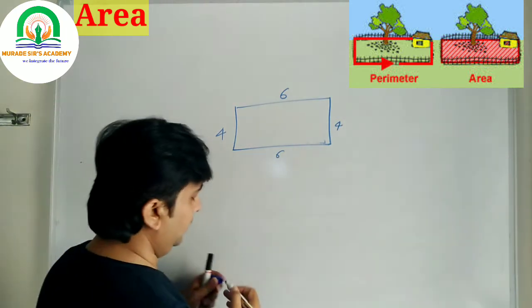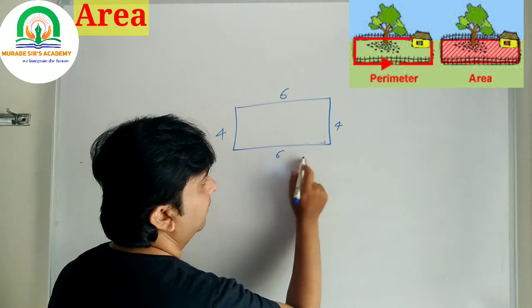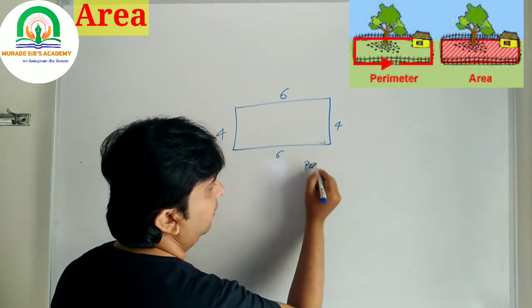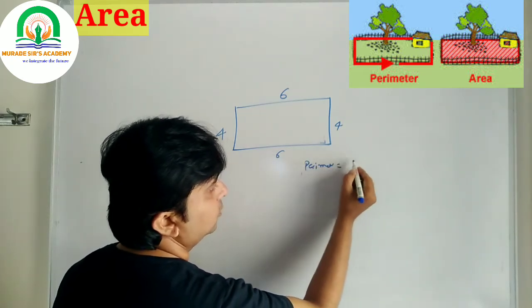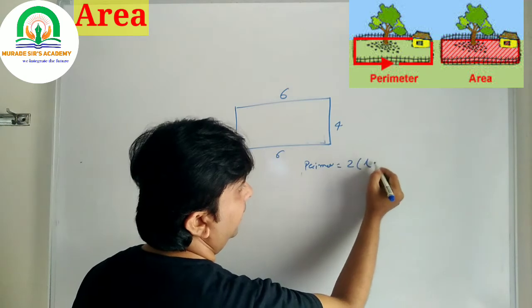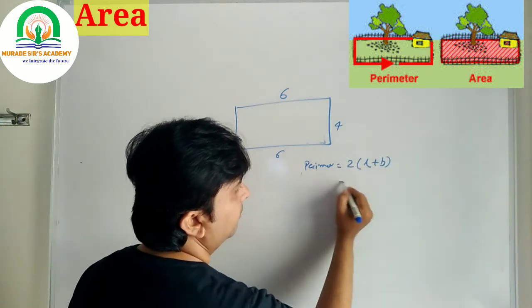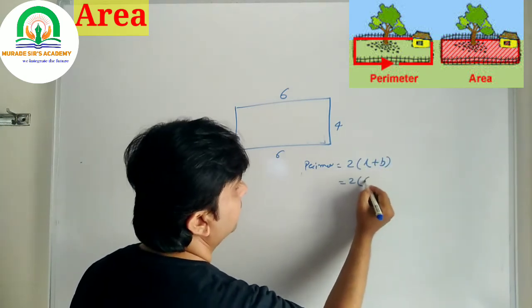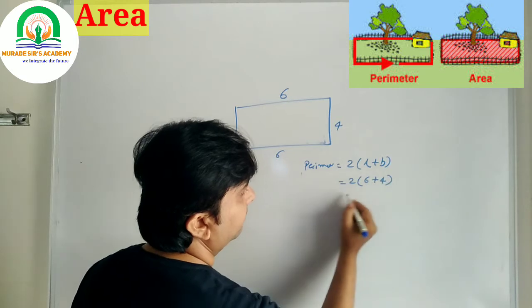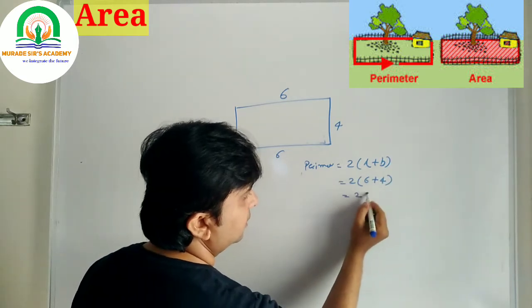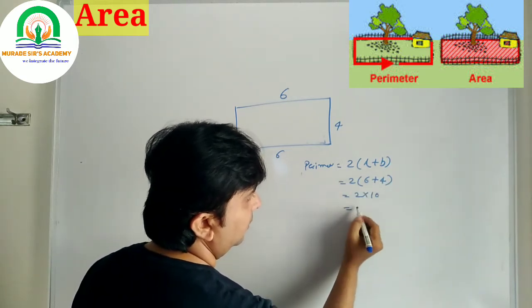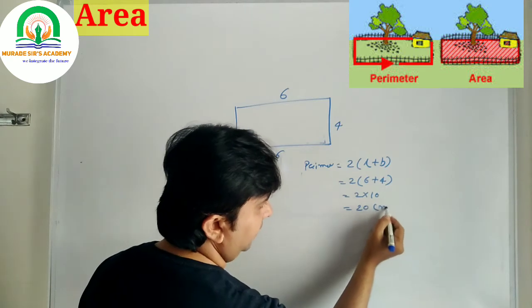This is a rectangle. Perimeter of a rectangle is equal to 2 into (length plus breadth), which is 2 into (6 plus 4), so 2 into 10, which is 20 centimeter.